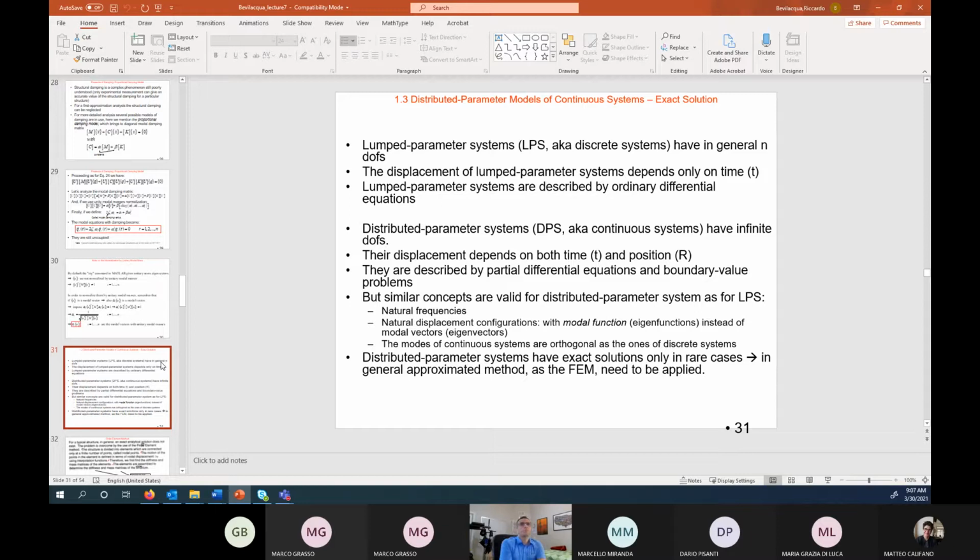The difficulty is that, again, they have partial differential equations, and you very rarely have exact solutions. While for the lumped parameter systems, which is everything that we have discussed so far, we obviously have closed form solutions. We have those beautiful oscillatory behaviors, maybe with some damping, but we can definitely deal with those.